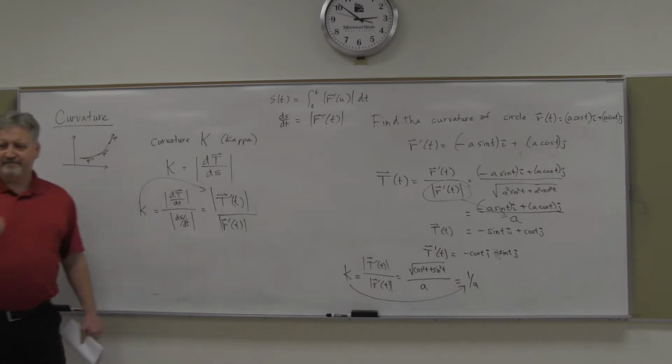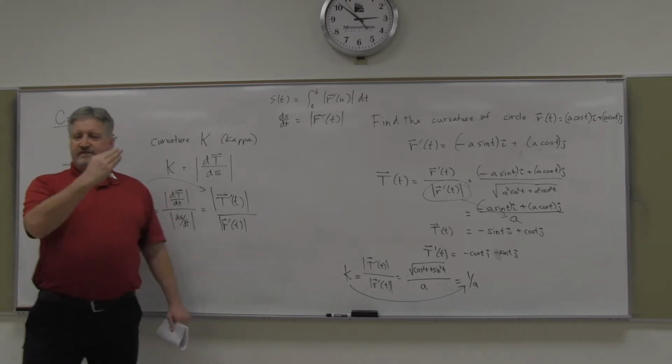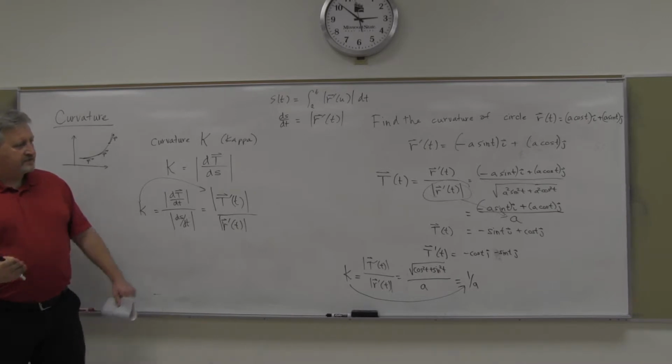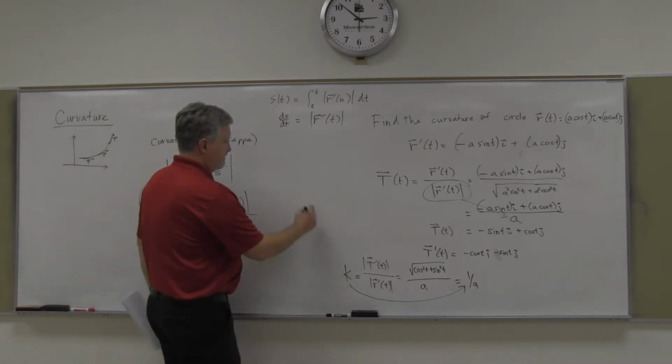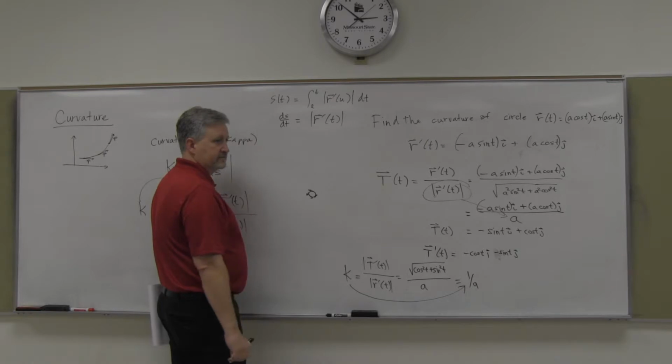Now remember what that means. The curvature is the rate at which the unit tangent vector is changing direction. So this makes sense because if I have a small little circle, the unit tangent vector is changing pretty quickly as I go around.